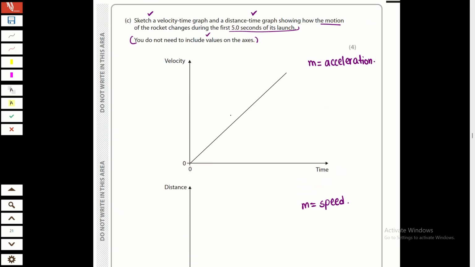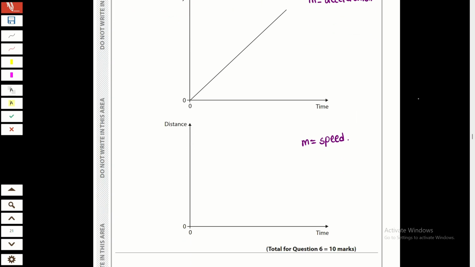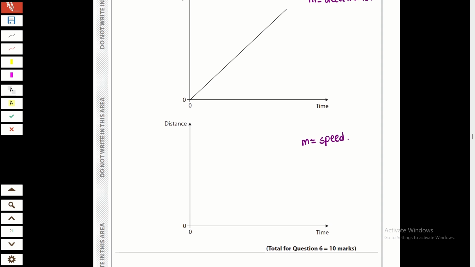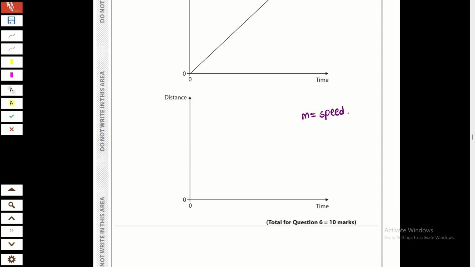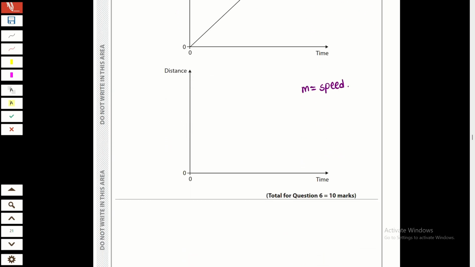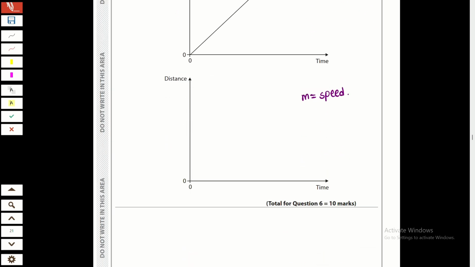The shape of the graph would be such that it represents that the gradient is increasing, because as you can see the velocity is increasing as the time progresses. So the distance time graph cannot be a straight line because the gradient isn't constant. The gradient is gradually increasing as the speed or velocity is increasing.